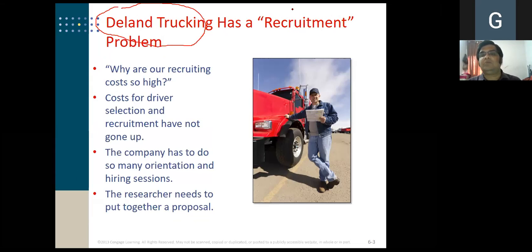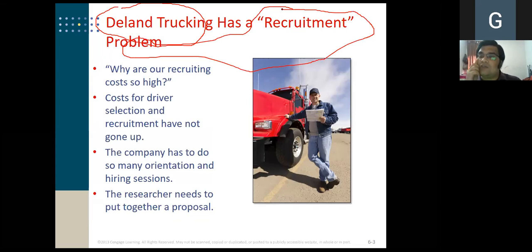What is the problem? A recruitment problem. Please look at my slides. The trucking company has a recruitment problem. The manager sees some symptoms in this company. What are the symptoms?